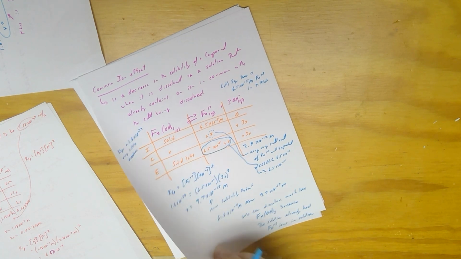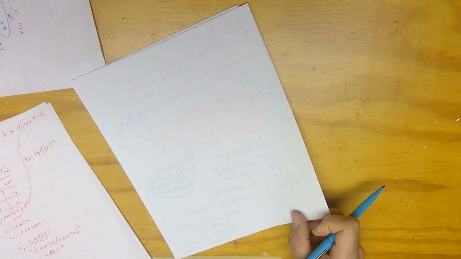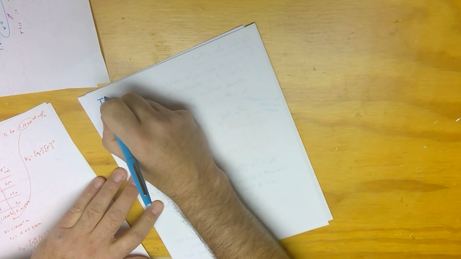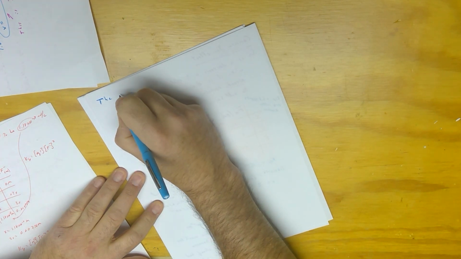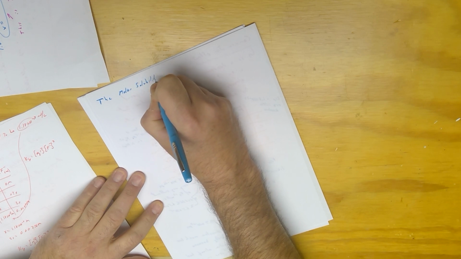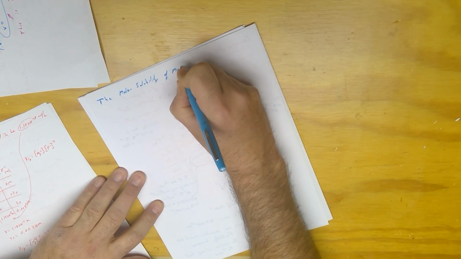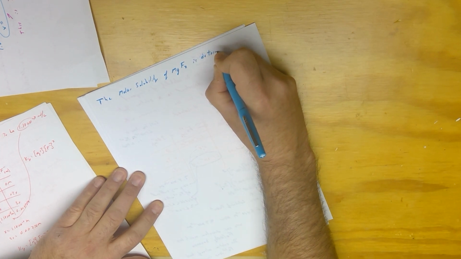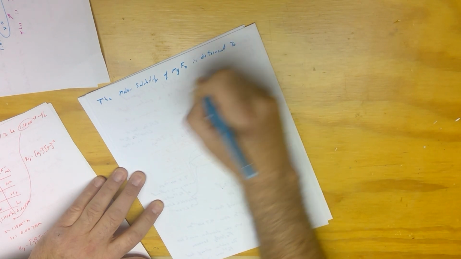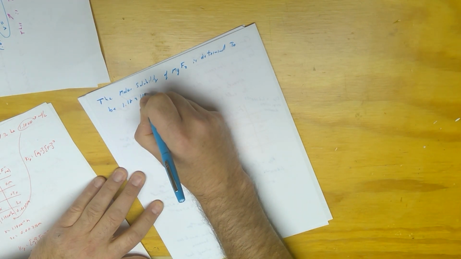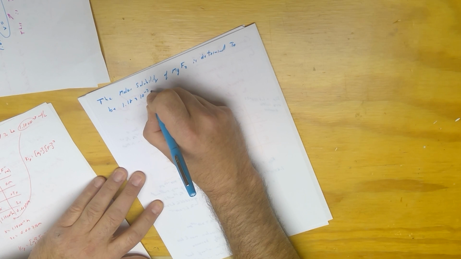All right, so let's try this question. The molar solubility of MgF2 is determined to be 1.18 times 10 to the minus third moles per liter.